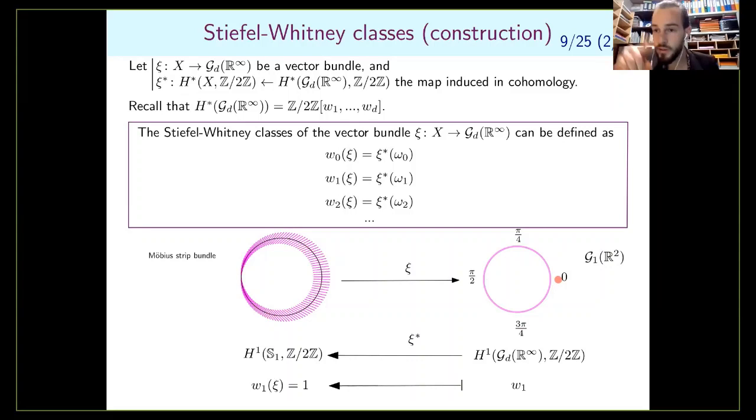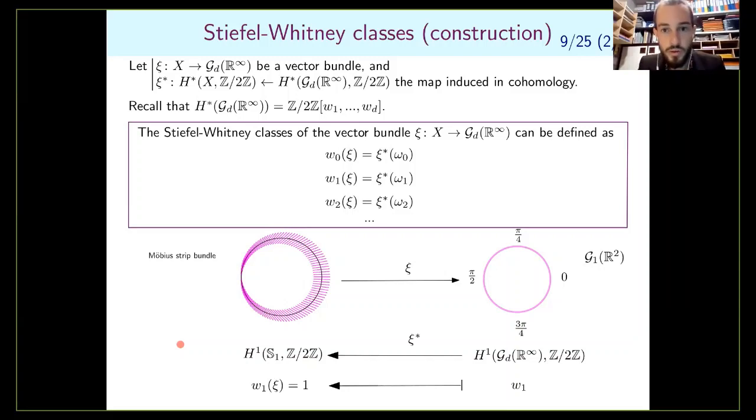It winds only one time. So its image in cohomology is the identity. And the image of W1 will be non-zero, it will be 1 in the first cohomology group of the circle. And as you can see, the first Stiefel-Whitney class here allows us to differentiate between these two bundles.